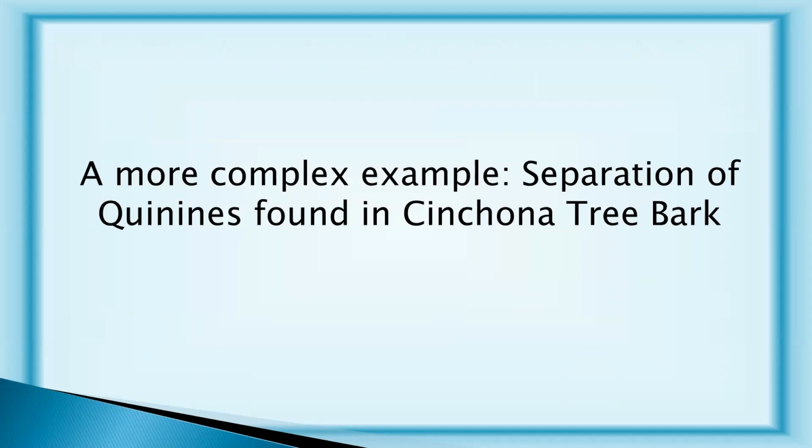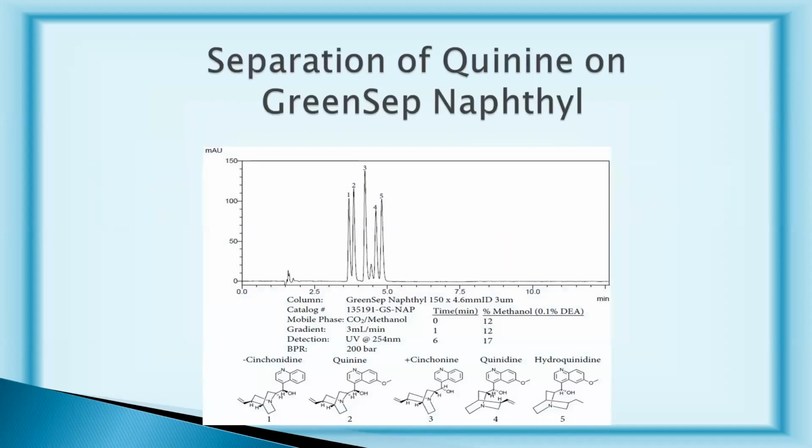A more complex example would be the separation of quinines found in tree bark. These quinines are a natural anti-malarial compound. We can see that they're very structurally similar. They all have a base aromatic structure and then some alkyl ring, some nitrogen groups.